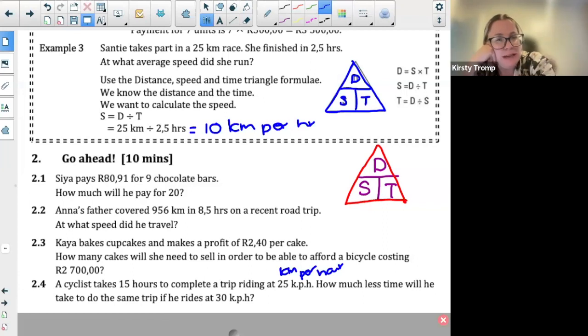Ma'am, if you do math lit, the job pay is low. Absolutely not. I know lots of people who did maths lit who are earning amazing salaries at the moment. I had a student who did maths lit. She went and studied a course on how to be a skipper, and she's on yachts at the moment in the French Riviera, and she earns lots of money doing that.